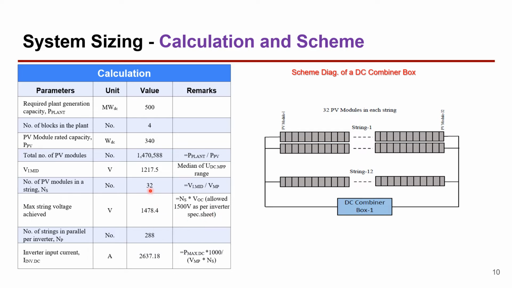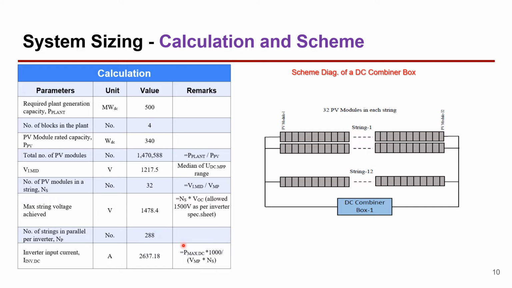Also, we checked if the open circuit voltage of these 32 PV modules is less than the maximum voltage allowed by the inverter, which is 1500. So our total open circuit voltage per string is 1478.4, which is okay.